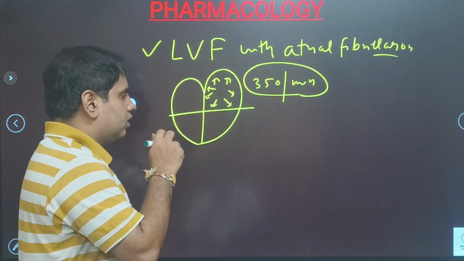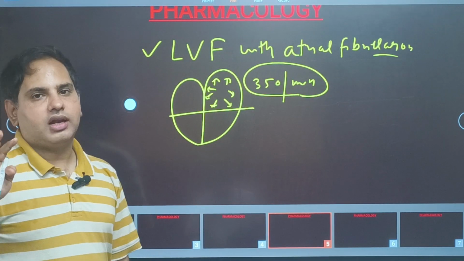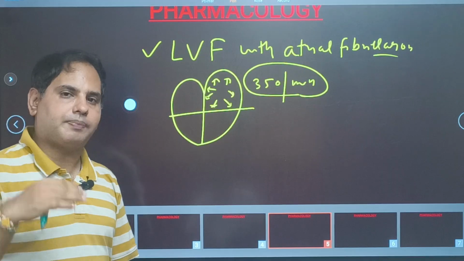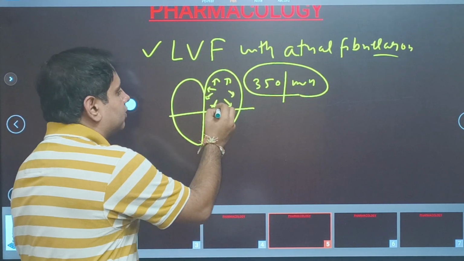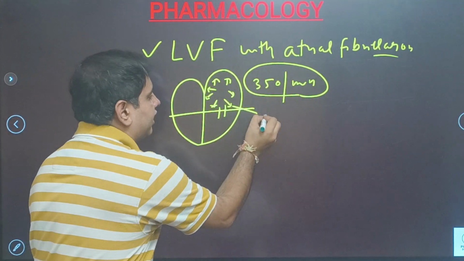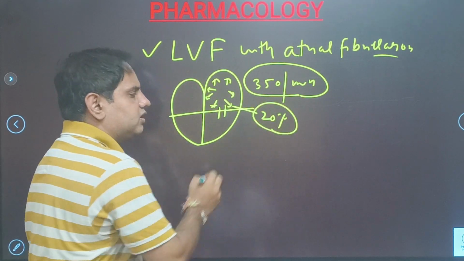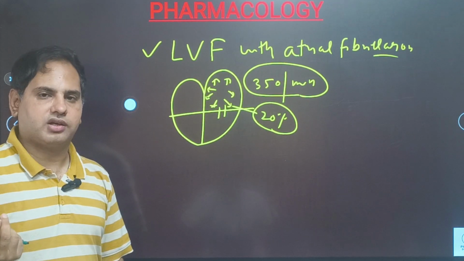So now you know that ventricular filling is mainly dependent on passive filling, meaning the ventricle filling is done passively rather than actively. The atria is responsible for only approximately 20% of the ventricular filling, right? The remaining filling is done passively.